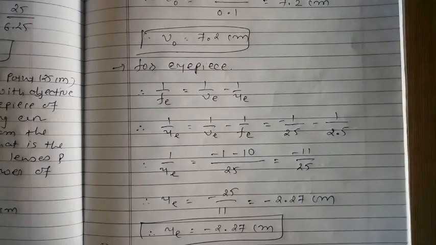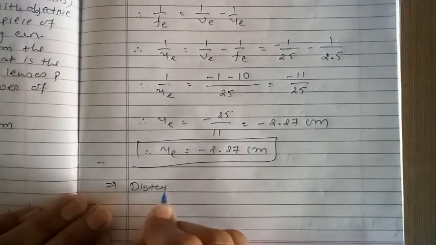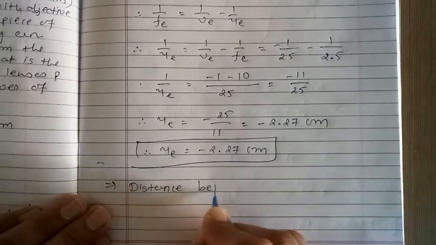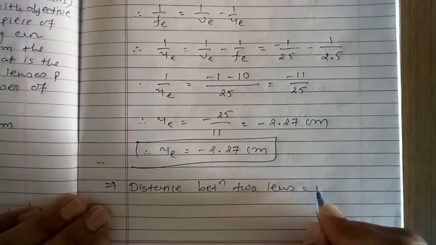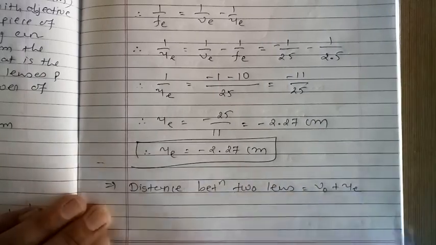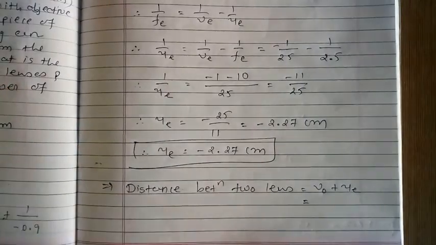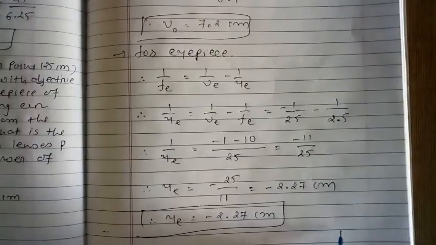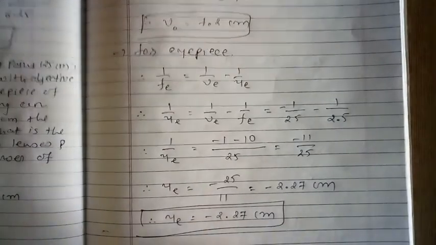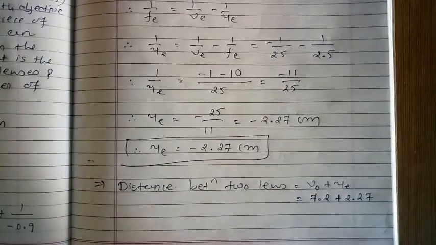But we have to find out the distance between two lenses. So distance between two lenses is equal to VO plus UE, right? We have to find out total distance, so we have to take UE positive here. We know value of VO 7.2, so 7.2 plus 2.27, right?